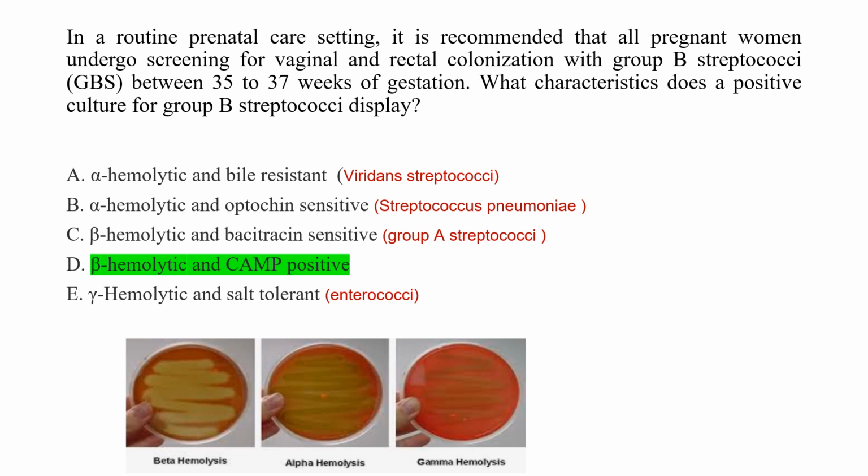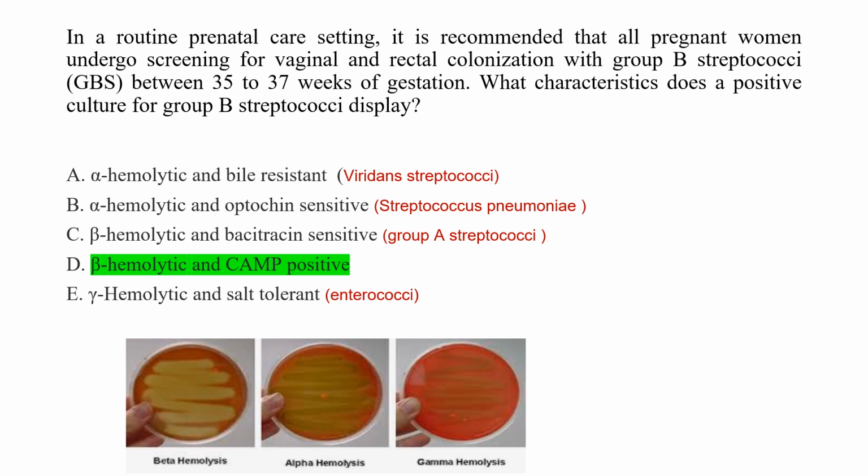And beta hemolysis refers to complete lysis of red blood cells, forming a clear zone around bacterial colonies on blood agar. And gamma hemolysis refers to a lack of hemolysis, meaning the bacteria do not cause visible red blood cell destruction on blood agar.